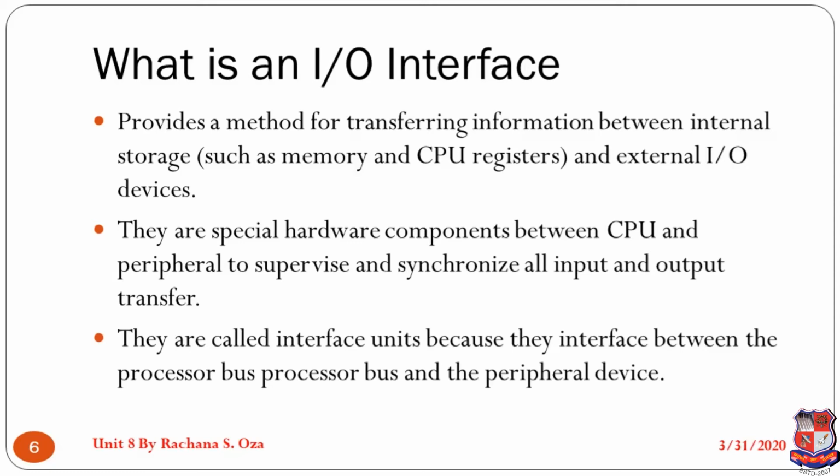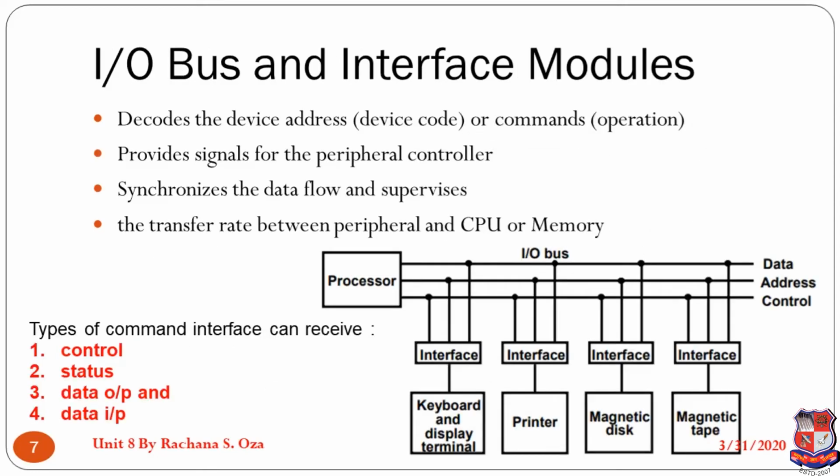All the peripheral devices require some sort of interface to communicate with a CPU, whether a magnetic disk or a magnetic tape. Whether it is a memory or any input-output peripheral device, we require one interface to communicate with a CPU.